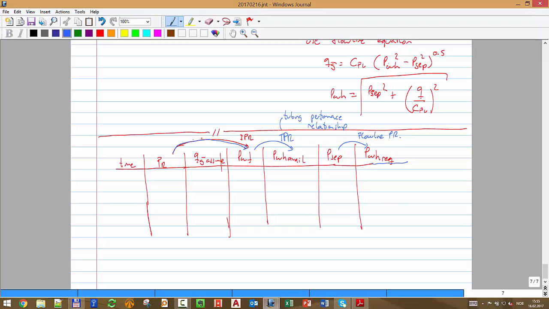But then this number and this number should be the same, right? Yes? So I'm going to make a new cell called error that will have PWH available minus PWH required. And I'm going to tell my solver, please change my QG until that value goes to 0.